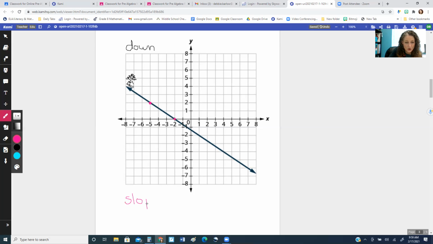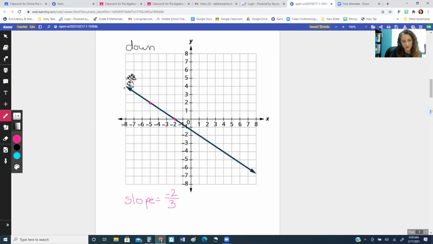So my slope here, it goes -2 on my rise. Okay, so I went down 2, so that's negative, and then I went 1, 2, 3 to the right, 3. So right is positive, so I'm not going to mess with that. So I have a -2 over a +3. Well, that's just -2/3. So this is a negative number.